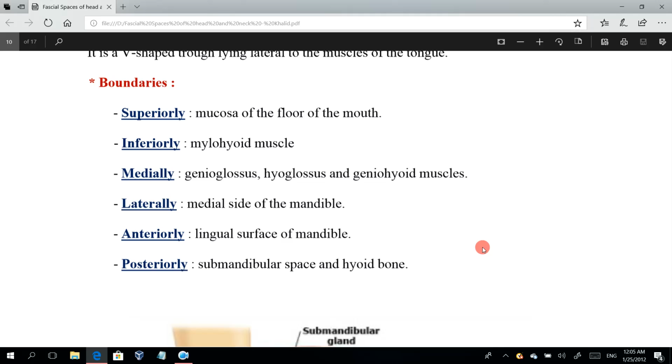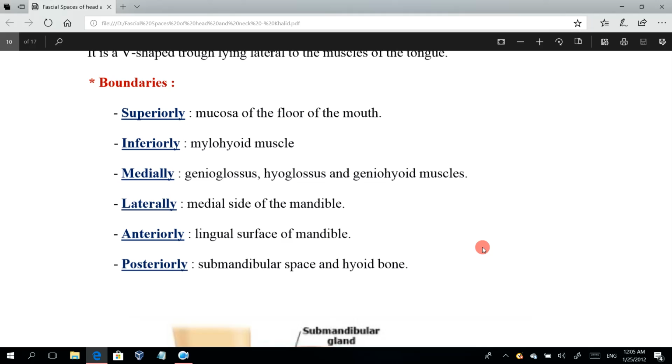These are called the extrinsic muscles of the tongue. These three, or four actually, form the medial boundary of the sublingual space: genioglossus, hyoglossus, and geniohyoid muscles.